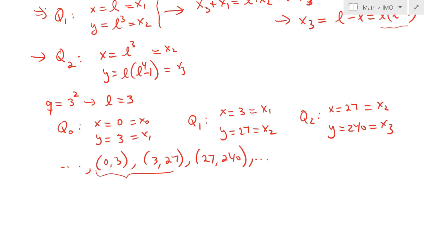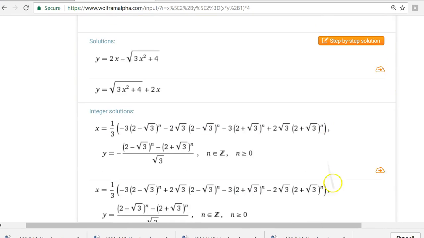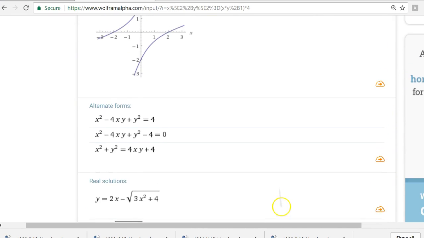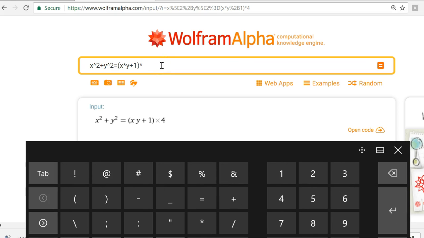It's a very cool result, and I like this problem because, as I said, it gave me the chance to play with Wolfram Alpha quite a lot. This is a very good website that I highly recommend. You can work with these numbers. For instance, we did it for 9 here.